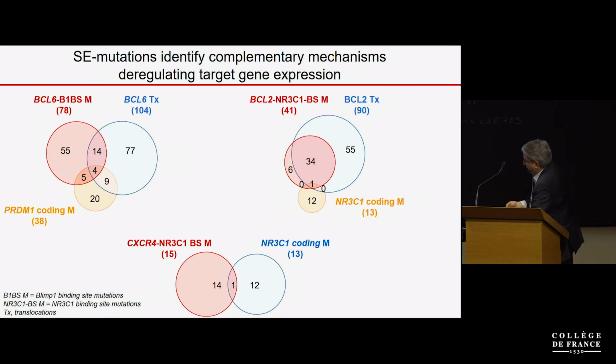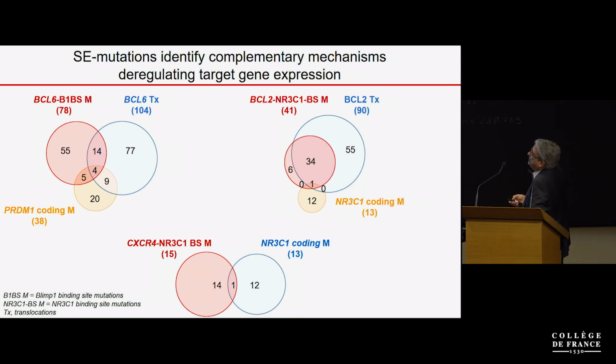Last slide. So the question becomes, how does this relate? And I think we are just looking at the tip of the iceberg, because there are many more super-enhancers mutated. How does this relate to the coding domain and to the overall genetics of this tumor? This shows 3 examples to make a simple concept.